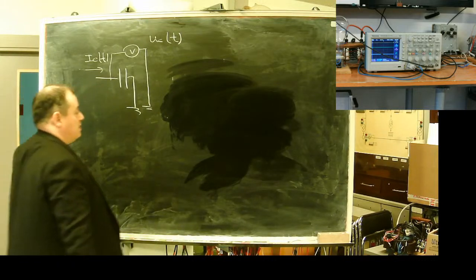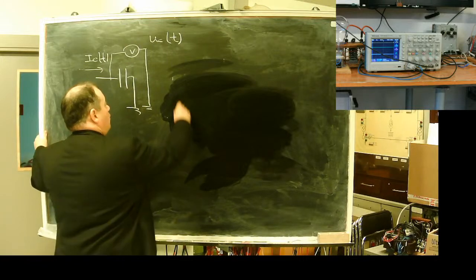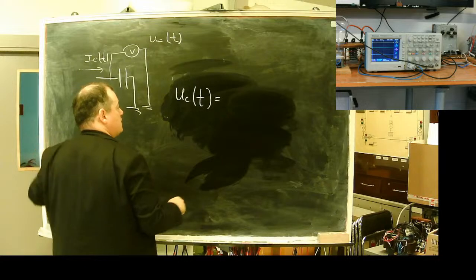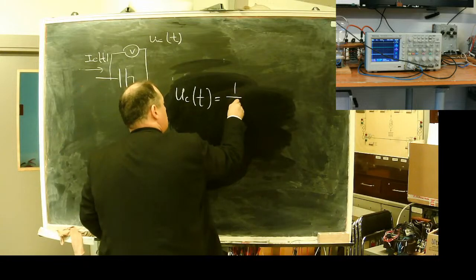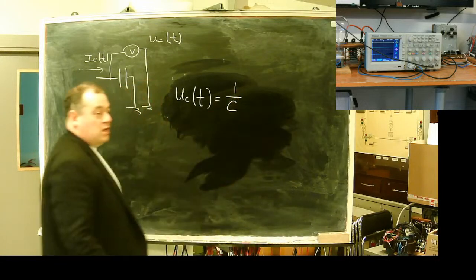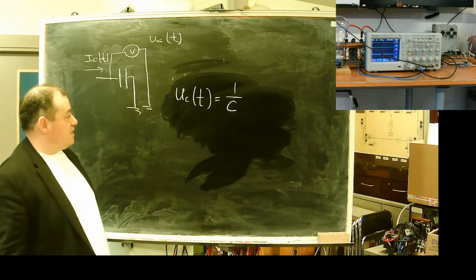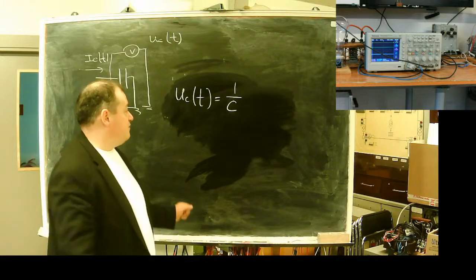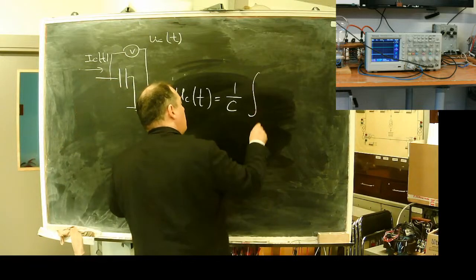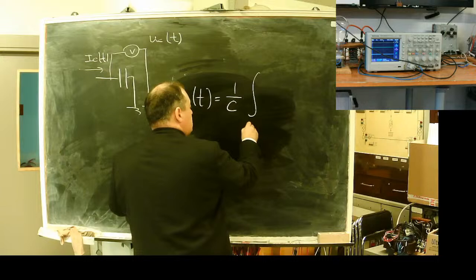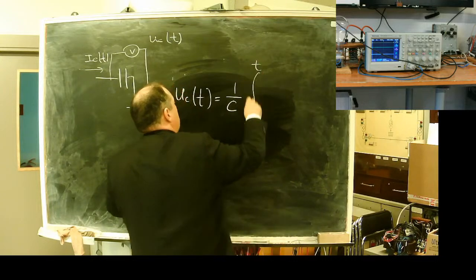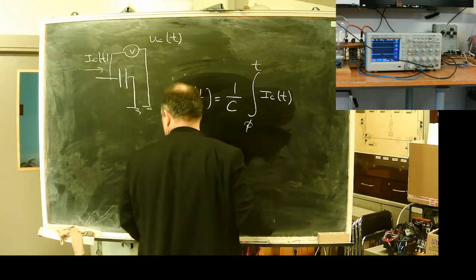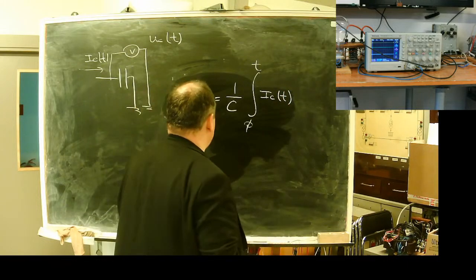Here I can write: condenser voltage is 1 divided by capacity, which is the volume of the vessel, times the sum of all particles, an integral of all electricity, all current flowing in.